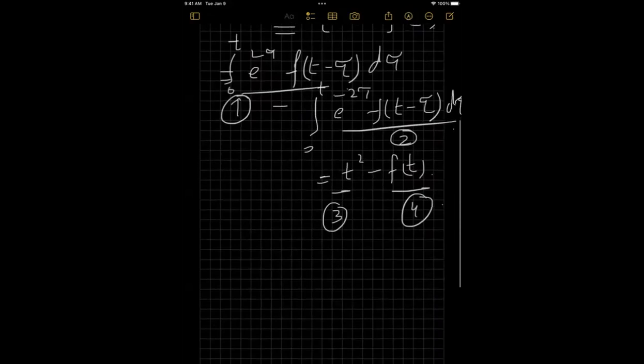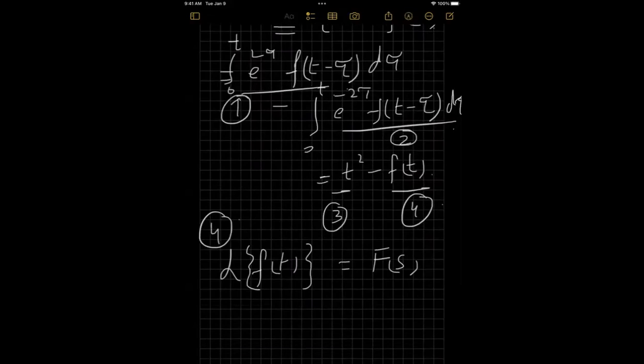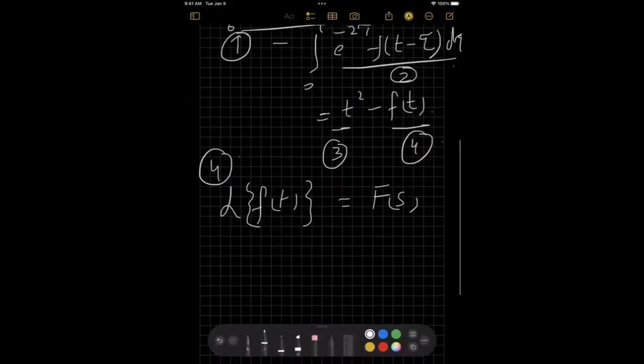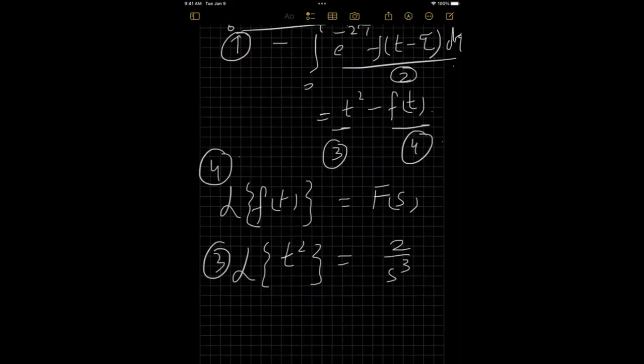For the fourth one, this is Laplace of f of t, which equals F of s. Fine, fourth is solved. For 3, we have t square. Laplace of t square equals 2 over s cube. It is solved.